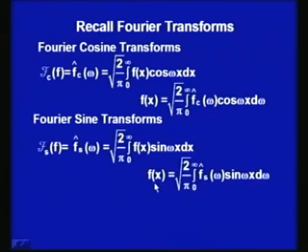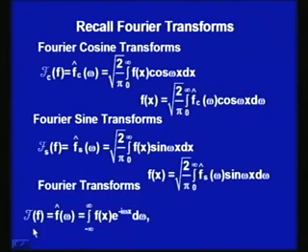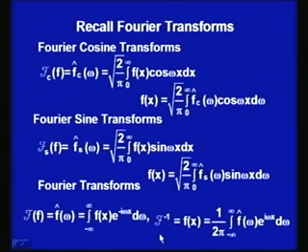So, here also the inverse Fourier sine transform is square root 2 upon pi integral f_s hat(omega) sin(omega x) d omega, and the Fourier transform of f we have defined as integral minus infinity to plus infinity f(x) e to the power minus i omega x dx, and the inverse Fourier transform as 1 upon 2 pi integral minus infinity to plus infinity f hat(omega) e to the power i omega x d omega. Here also the constant may differ, that is either we use in the inverse the constant 1 upon 2 pi and here no constant, or we use the 1 upon square root 2 pi constant on both sides.